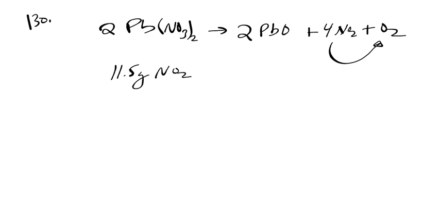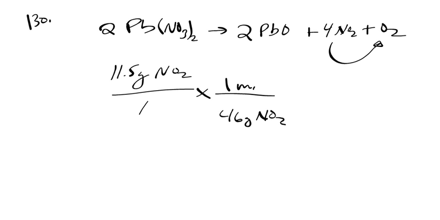And let's see. So it's 115 over 1. I mean 11.5 over 1. Then it's going to be 46 grams of NO2. I round off heavily. 1 mole of NO2. Times, now you're going to go moles to moles. You need moles of NO2 down below. And I know that for moles of NO2, there are 4.